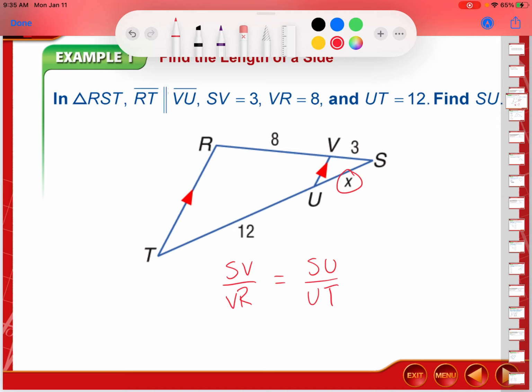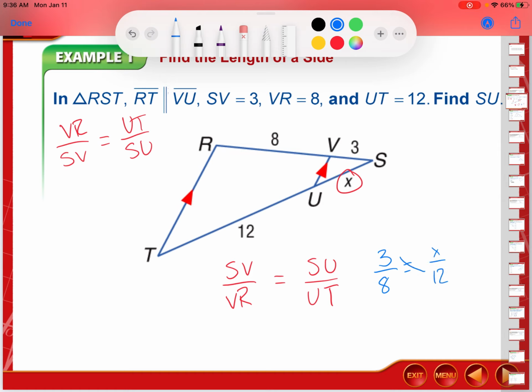And once again, you can flip this whole thing. So you could also say VR over SV equals UT over SU. It's totally your choice, but personally, I'm going to do it this SV over VR way because that's my personal preference. So I'm going to say 3 over 8 equals x over 12.